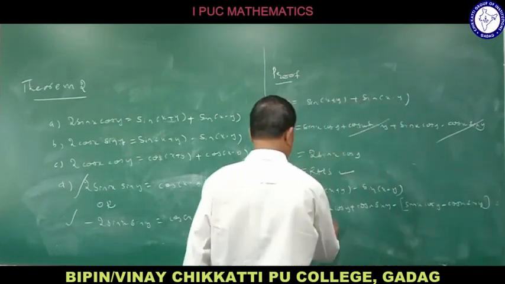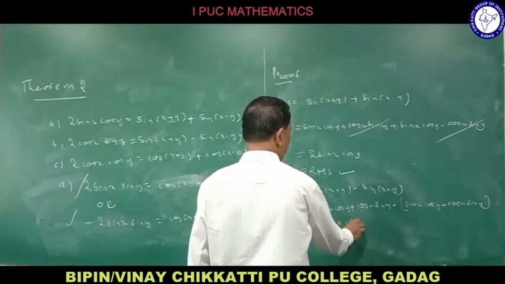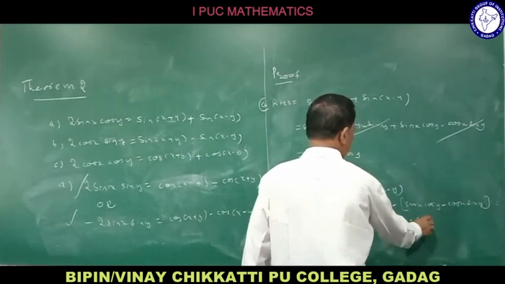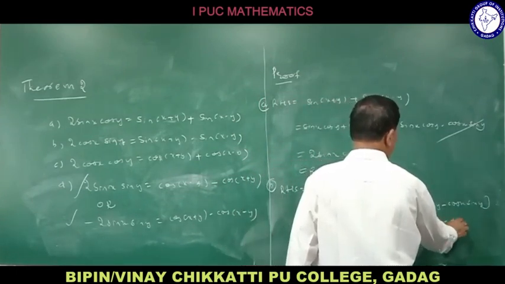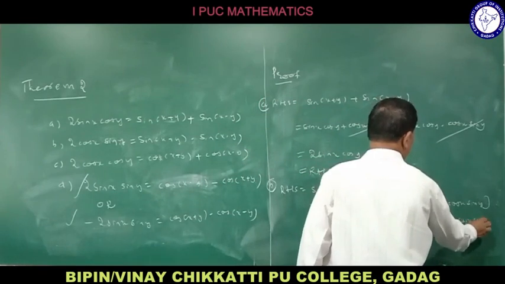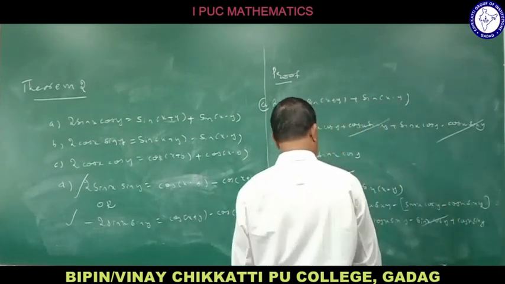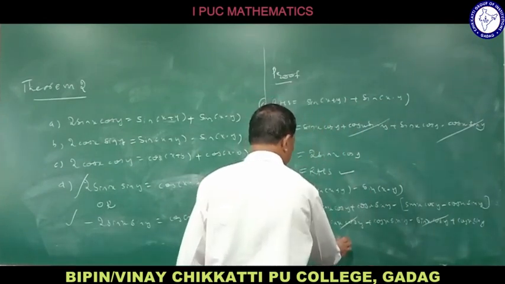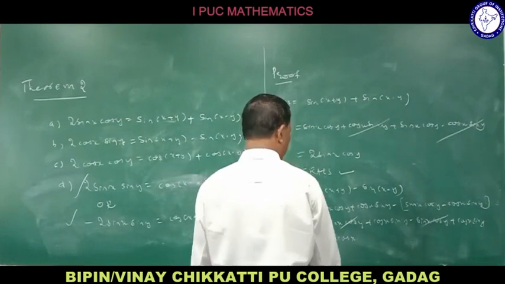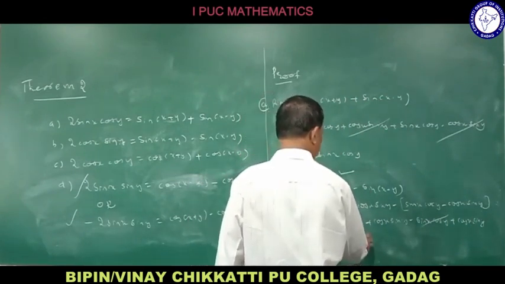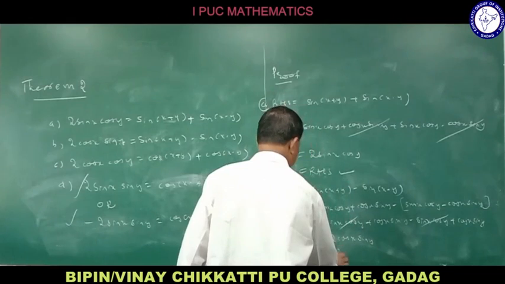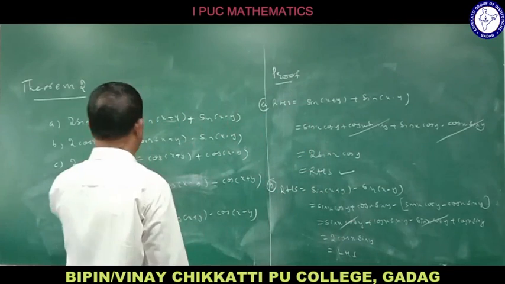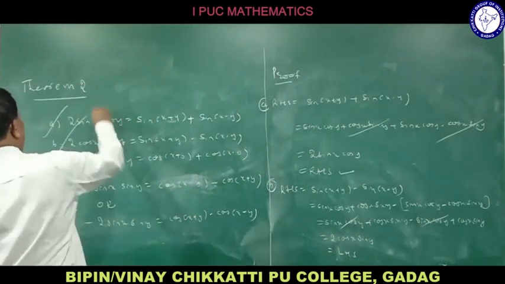So when you open the bracket here: sin x cos y plus cos x sin y minus sin x cos y plus cos x sin y. So which terms are cancelling? Sin x cos y, and here remaining 2 cos x sin y. And what is this? This is LHS, 2 cos x sin y. So first these two are completed.